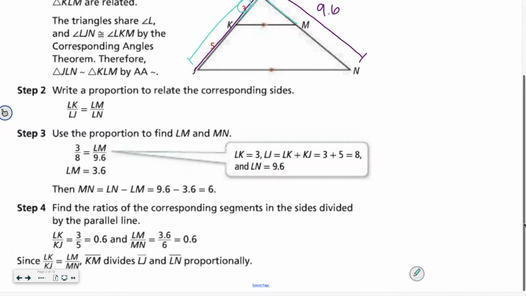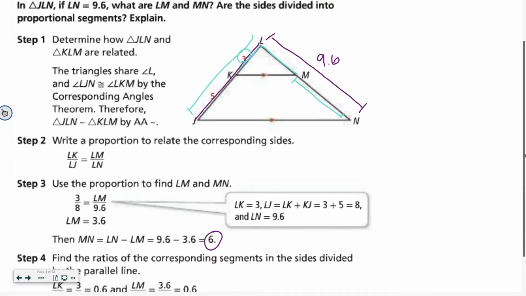So I know that MN, this last side right here, would have to be the whole side minus LM, the side that I just solved for. So I can say MN equals the whole side, 9.6, minus that smaller side we solved for, 3.6. So 9.6 minus 3.6 tells me that MN equals 6. And now we know what all of those measures are.